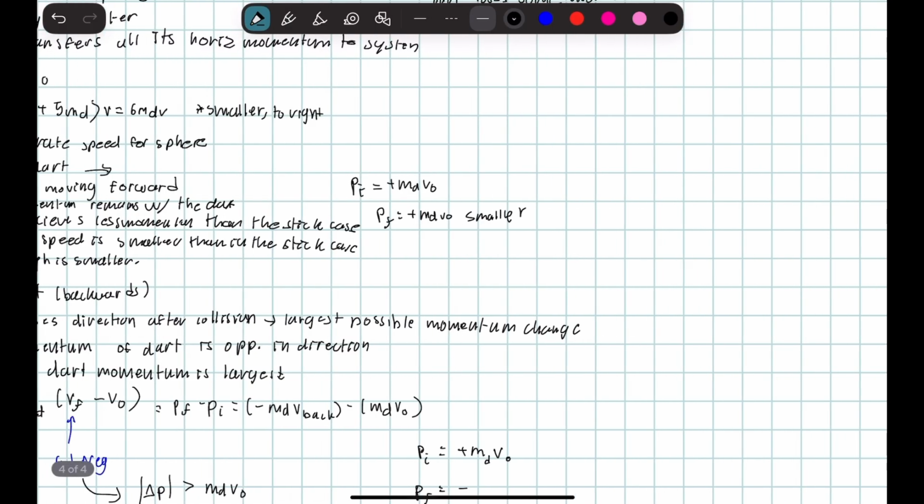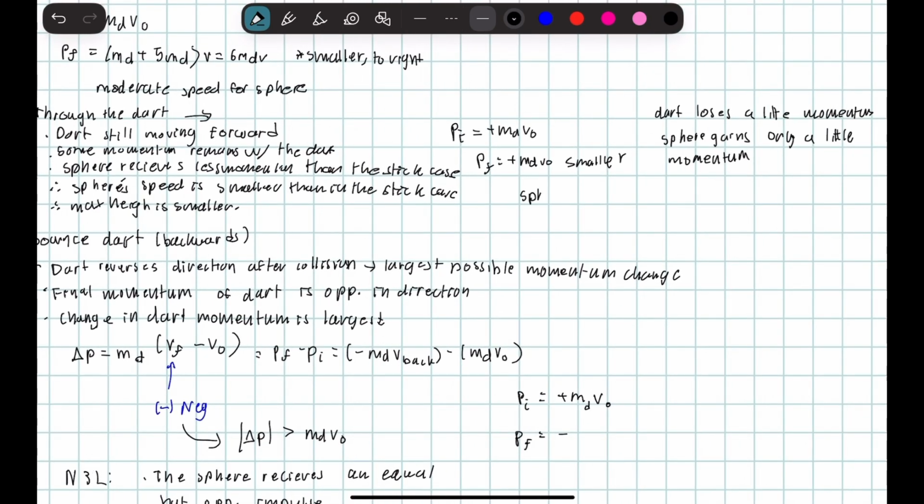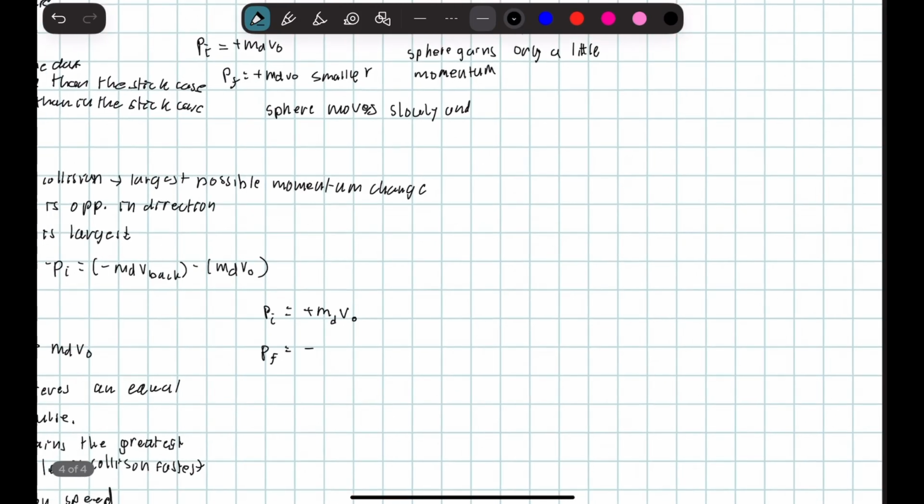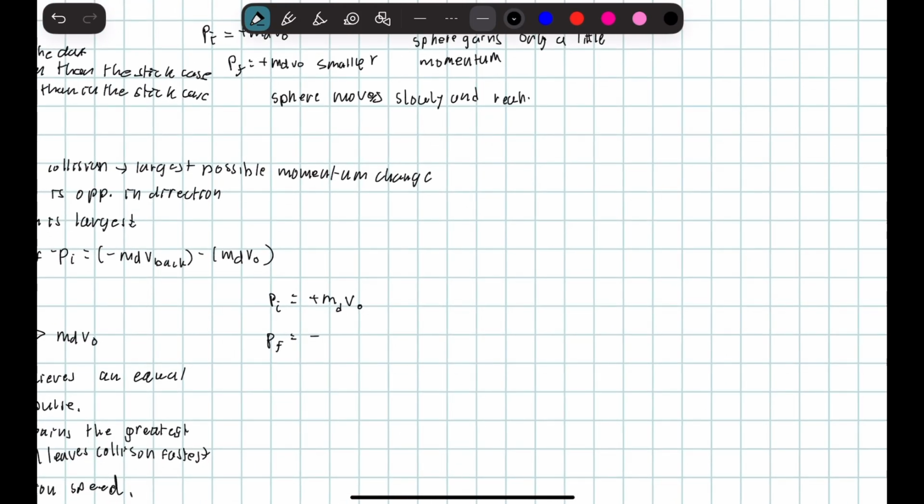So that means the dart loses a little momentum. So the sphere gains only a little momentum. So in the end, the sphere moves slowly and reaches a small height, right?